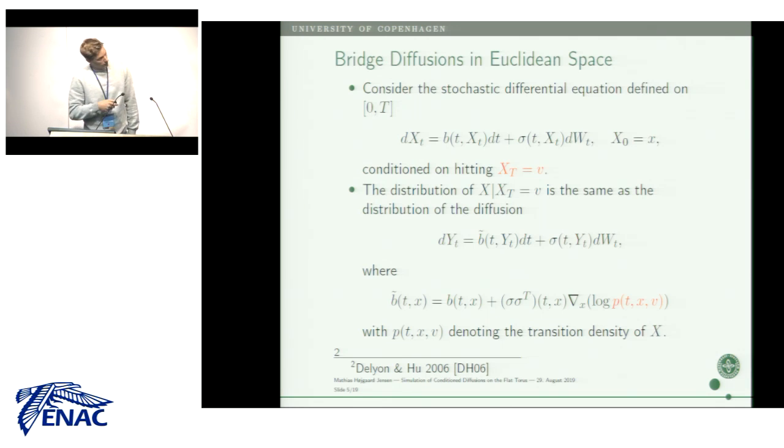In the case of the drift b being 0 and the diffusion coefficient being 1, X is just the standard Brownian motion, and Y restricts to the standard Brownian bridge, just having the drift as the gradient of the logarithmic heat kernel.